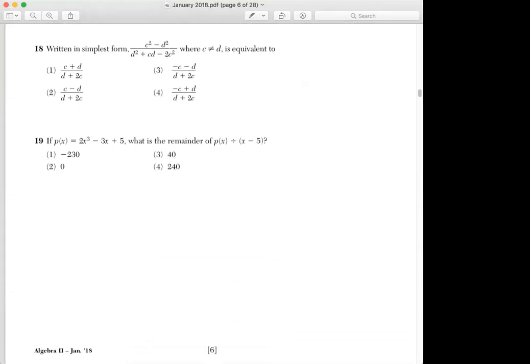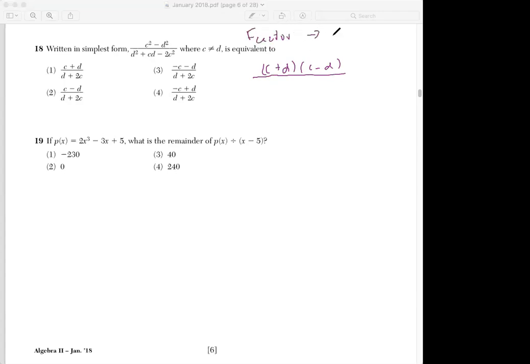18 written in simplest form. Let's see, I got a dots situation on the top, so I'm going to write that as C plus D, C minus D. Simplest form always means that you factor and cancel. So factor, right, I sent that Word doc out that shows you all the tricks. Let's see what we do here. D squared plus CD minus 2C squared.